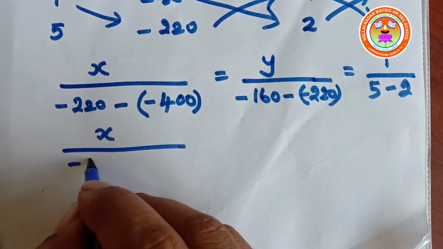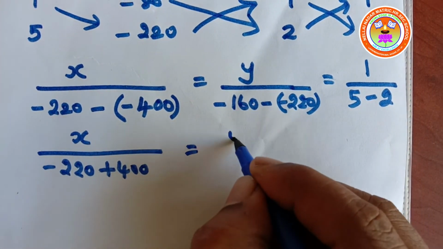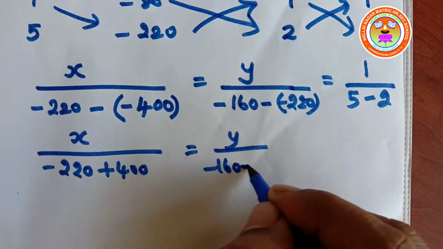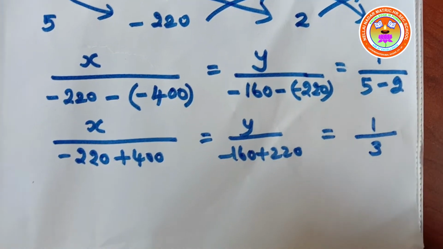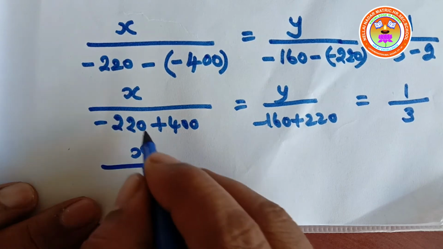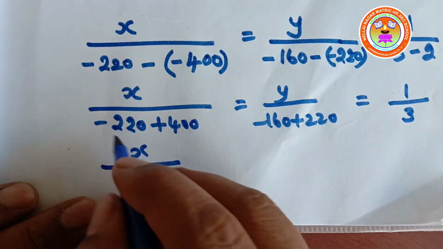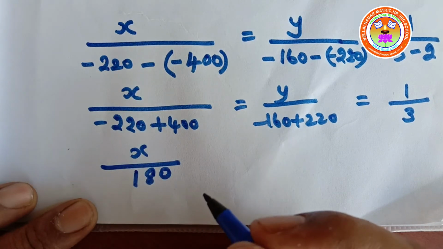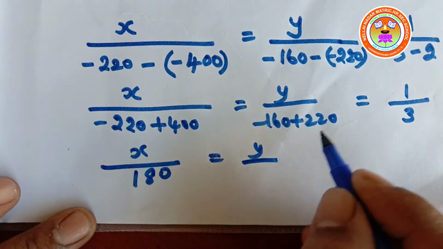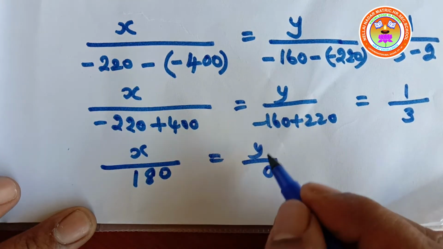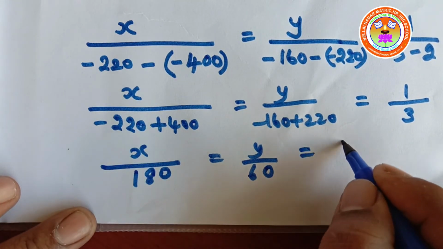x by minus 220 plus 400, that is equal to y by minus 160 plus 220, that is equal to 1 by 5 minus 2, which is 3. So x by 180, that is equal to y by 60, that is equal to 1 by 3.